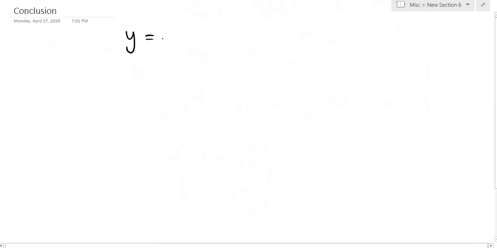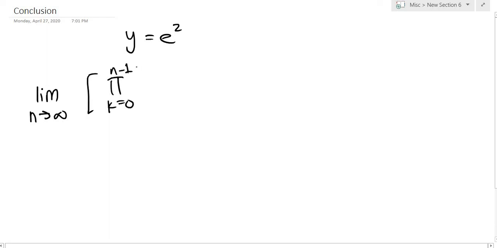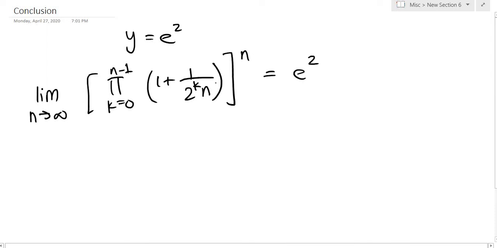So in conclusion, what's y, you ask? Well, let me remind you, in that case, y was the limit as n approached infinity of the product from k equals 0 to n minus 1 of 1 plus 1 over 2 to the kth power times n, the whole thing raised to n, that is equal to e squared.